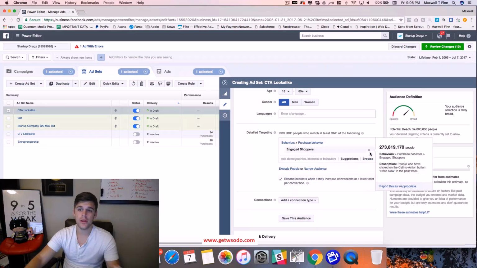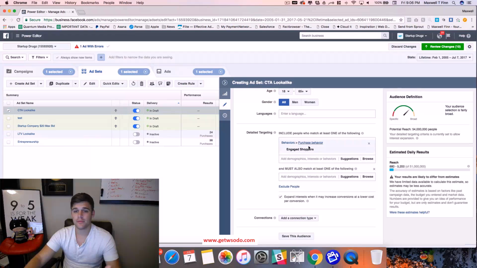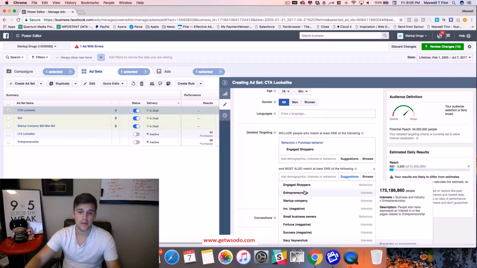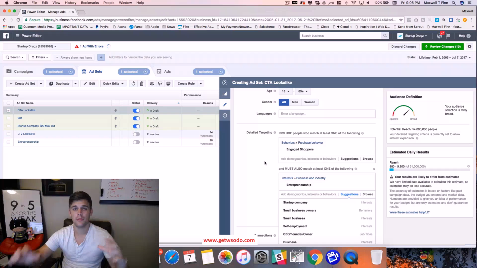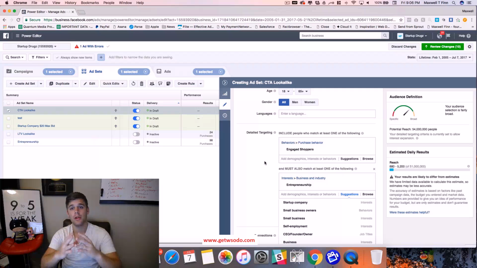Or we can do narrowing of the audience, and they must match both of these. So the person must be an engaged shopper, and they must be interested in entrepreneurship. So it's refining an audience. So there's two ways to grow this audience. One is by putting them all in one block and expanding it. The other is by refining it and adding layers and shrinking it.